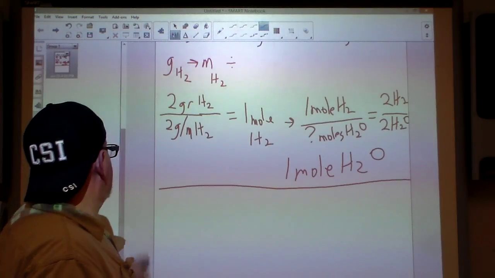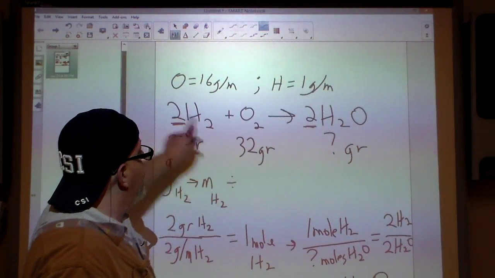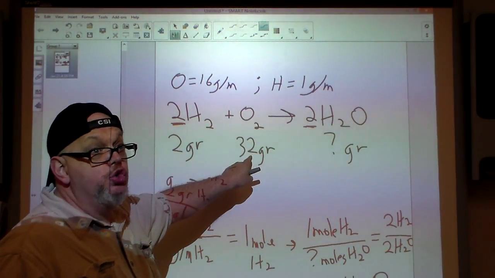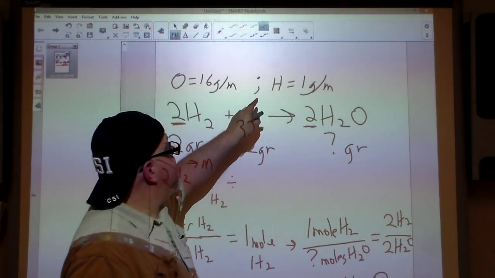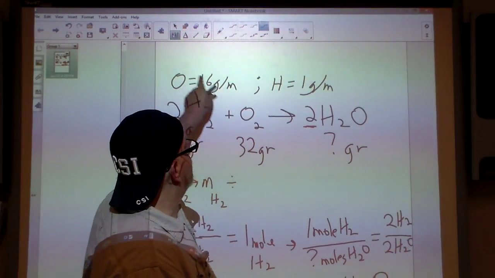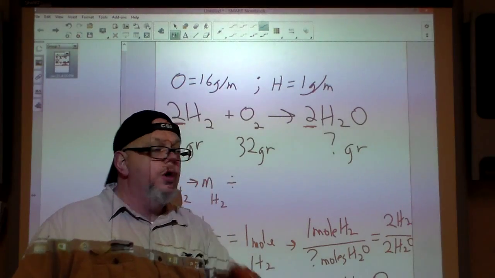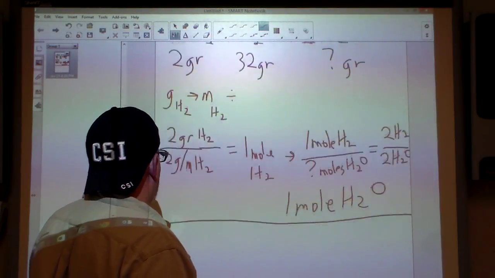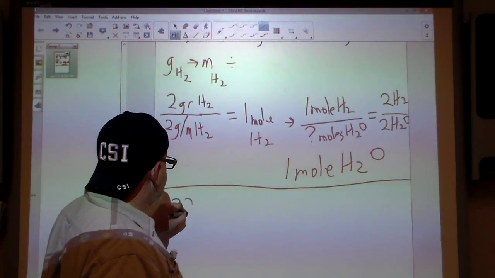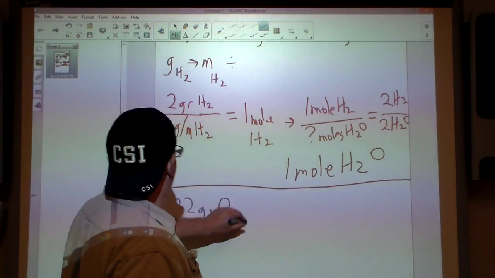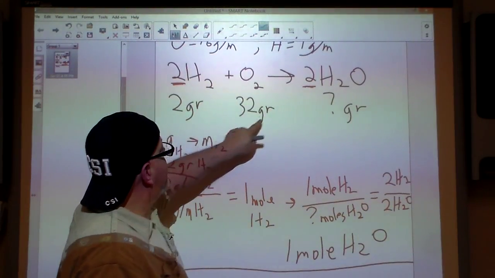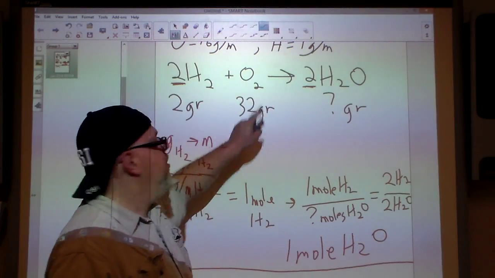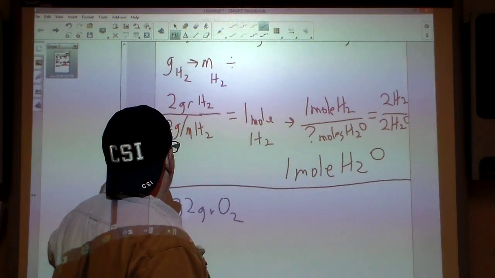What information do I have? I have 32 grams of O2. They gave that to us at the beginning of the problem right here. That's where I'm getting my 32 grams.